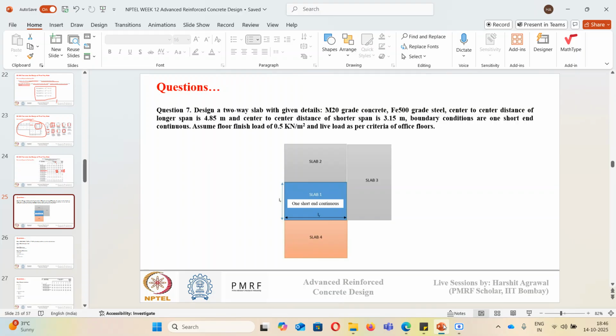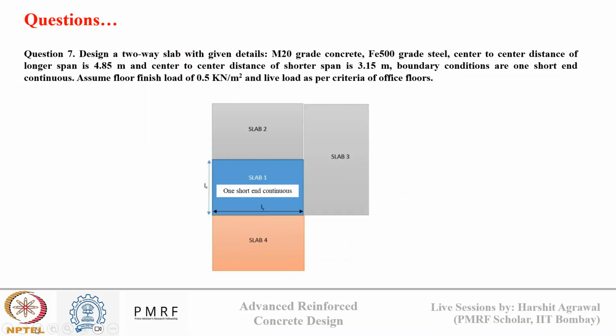Then we'll calculate the alpha x and alpha y values, both alpha x positive and negative and alpha y positive and negative, because we know the Ly by Lx ratio and we know the boundary condition. So it is one short edge continuous. You can see in this blue diagram, this blue slab section that we are designing, only one short end is continuous. Once we know the alpha x and alpha y values, we will get the Mu value in all four directions.